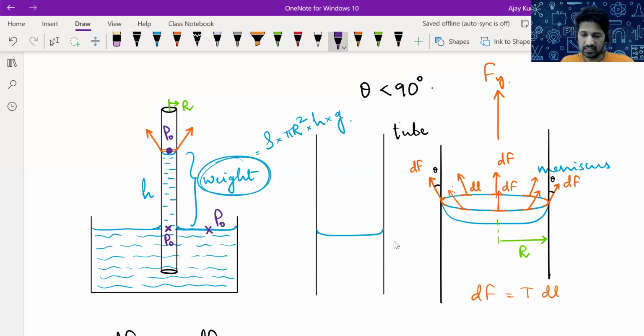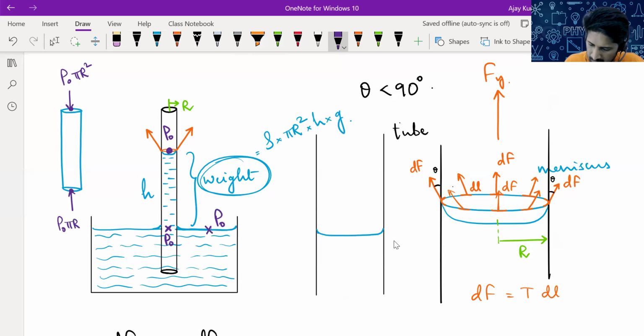So consider the liquid column that is suspended inside the tube. There is atmospheric pressure above it. There is atmospheric pressure below it. So from above, there will be P naught into pi r square force acting on it. From below also, there will be P naught into pi r square acting on it due to pressure.